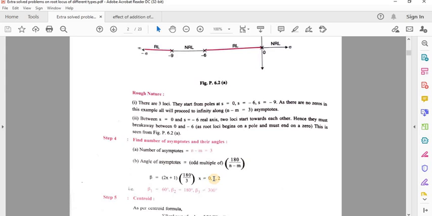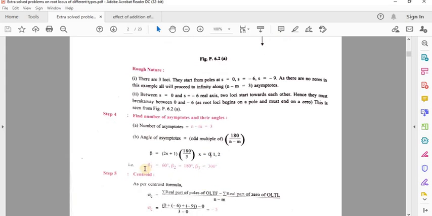For 0 you will get an asymptote angle of 60, for 1 you will get 180, and for 2 you will get 300. So there are 3 asymptotes and 3 angles of asymptotes.